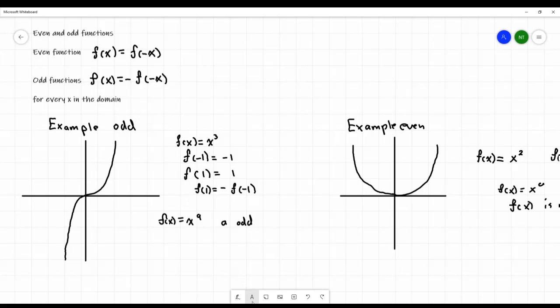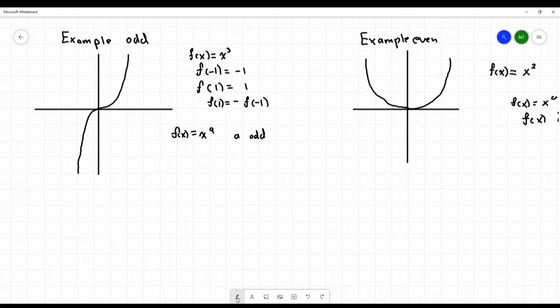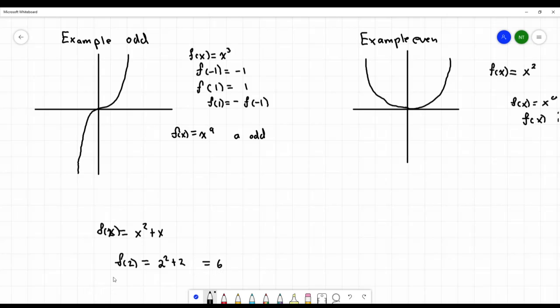So, for example, this polynomial function, it's not even and it's not odd. If I plug in x squared plus x, so let's do f of 2. This is f of x, x squared plus x. Now, what's f of 2? f of 2 is equal to 2 squared plus 2, which is equal to 6, right? And let's do f of minus 2.